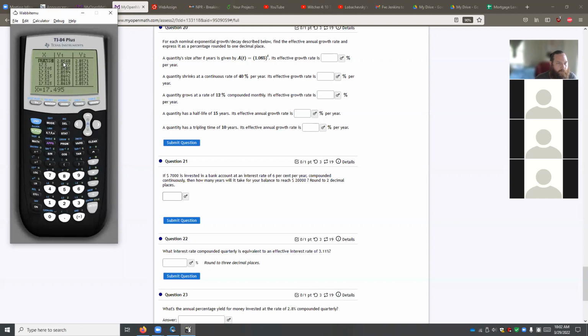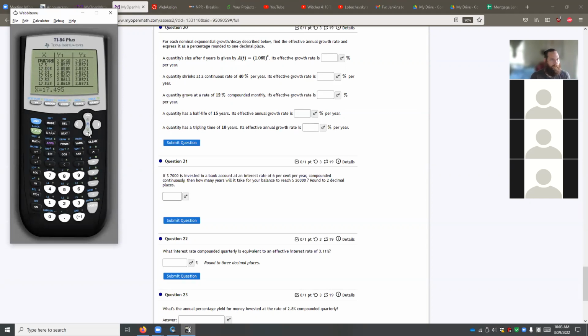At 17.495, which one's closer here? 2.8568, 2.8571, 2.8577. This one is off by three 10,000ths. This one is off by six 10,000ths. So 17.495 would be a solid answer here.